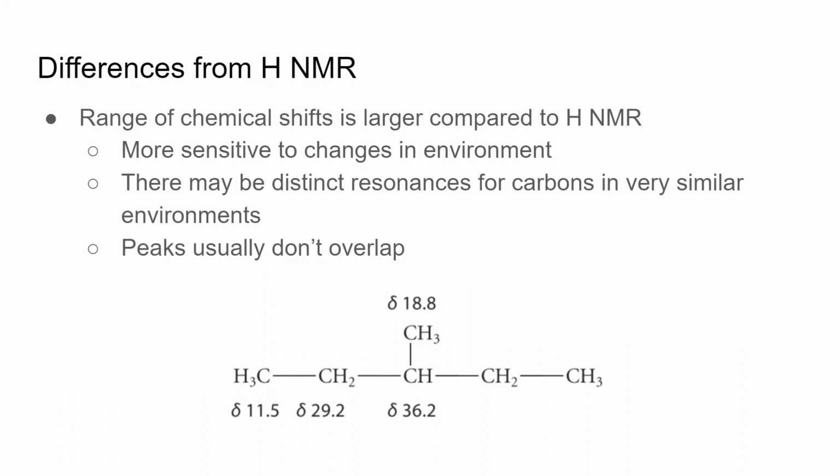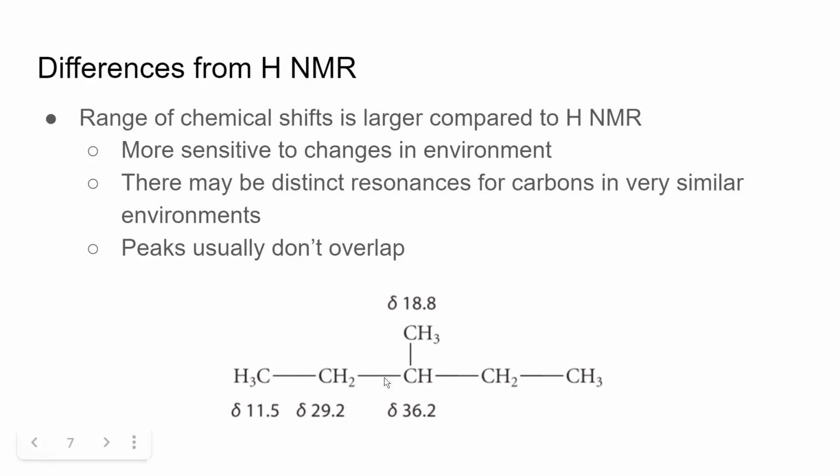So there are often cases where there are very distinct resonances for carbons that are in very similar environments. Another benefit of that is that peaks don't usually overlap. So just looking at a table and at the resonances, it can be very easy to identify the exact connectivities and the nearby functional groups of your carbons.